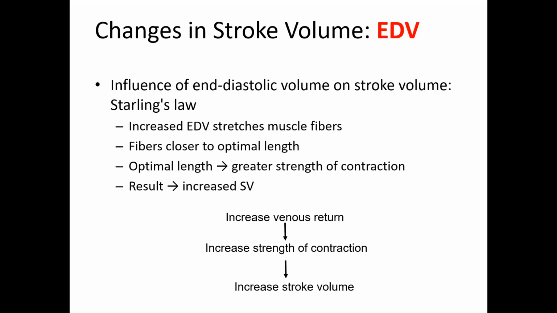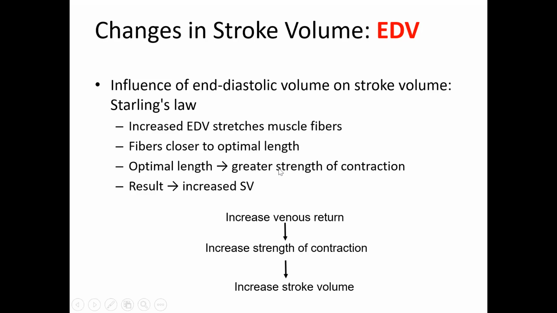So the Starling's law says that if the heart stretches more and fills more volume, and those fibers stretch out as that chamber fills more blood, the fibers here get closer to their optimal length, and as they get closer to their optimal length, they generate more force, and as they generate more force, they can contract with a stronger force of contractility, and they can increase how much blood is actually ejected. So essentially, if I can fill more blood, I can eject more blood. I can increase my force of contractility and likewise eject more blood.